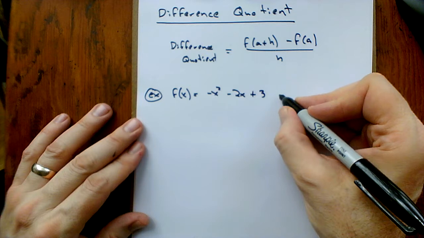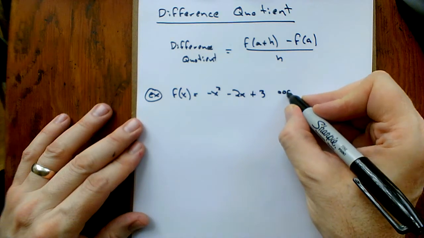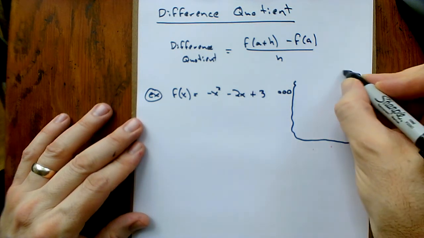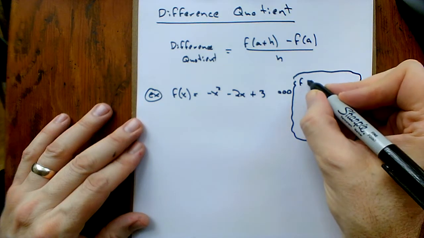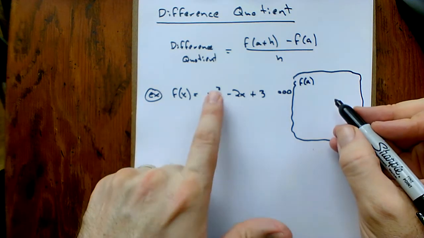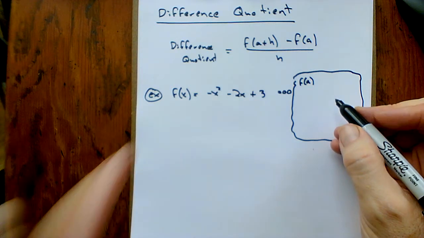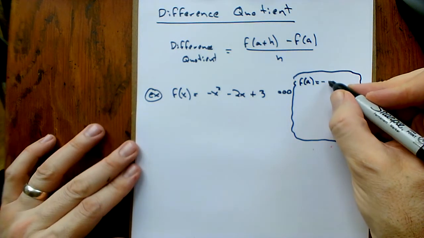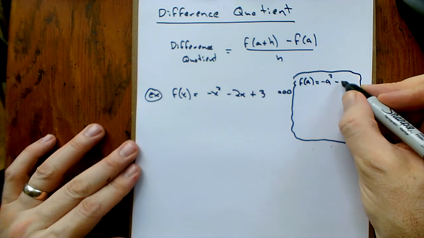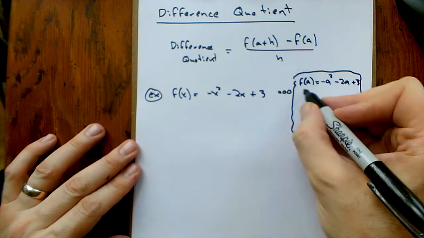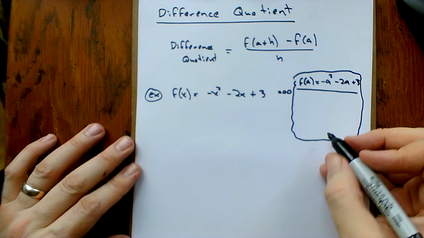Well, f of a is going to be easier to think about. F of a is just where I take all of my x values and I plug in an a. So this is just going to be negative a squared minus 2a plus 3.